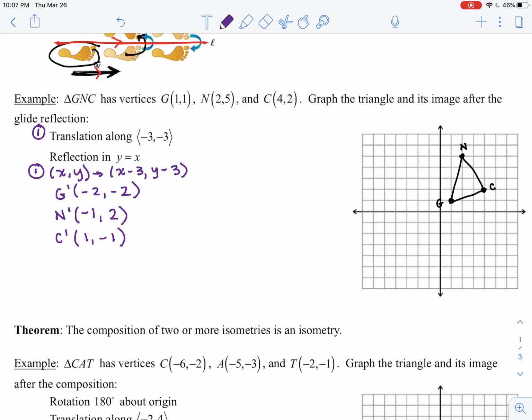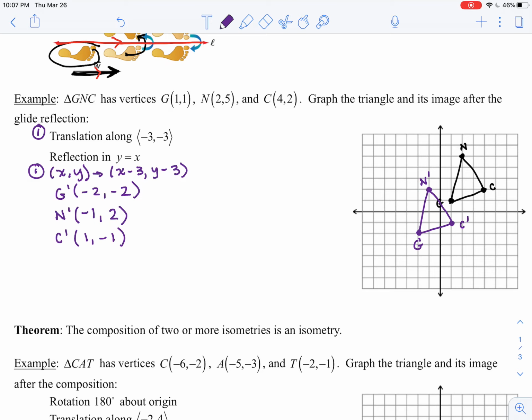So now we plot our points just like before. And now we have triangle G prime, N prime, C prime. Each of the vertices was moved left 3 and down 3.